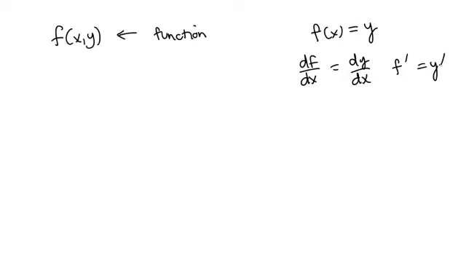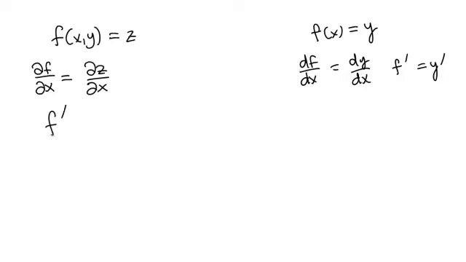So each one of these notations has analogs over on the 2 variable side. Since it's traditional to have the output variable for a function of 2 variables be called z, we can use the symbols del f del x to mean the partial derivative of f with respect to x. We can also write down del z del x if we've labeled z as the output variable. Now unfortunately, we don't have the prime notation. Prime is kind of unambiguous, and we don't use f prime x and f prime y.